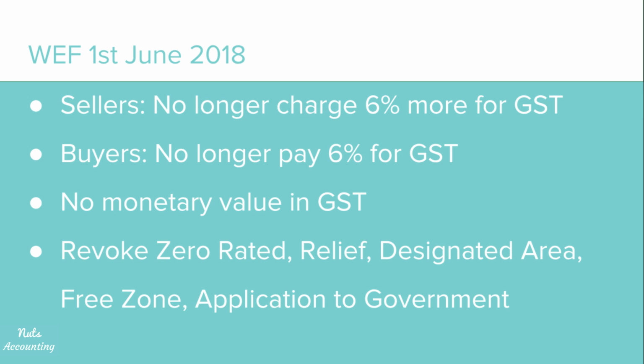So in the eyes of the end consumer, yes, there's no longer GST. But you as the business owner, if you are a GST registrant, are still liable to comply with the GST Act because the GST Act is still active. It's just that there's no monetary value in the GST.